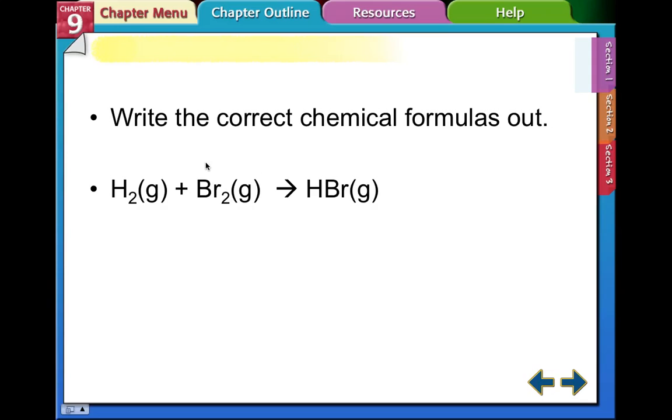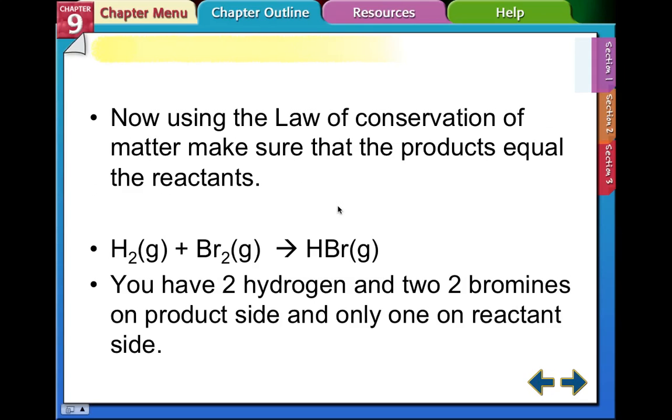Now we need to balance the entire equation. The reactants must equal the products. Here we have 2 hydrogens, here we have 1. Here we have 2 bromines, here we have 1. So we must add a coefficient to make the law of conservation of matter or the law of conservation of mass balance out.